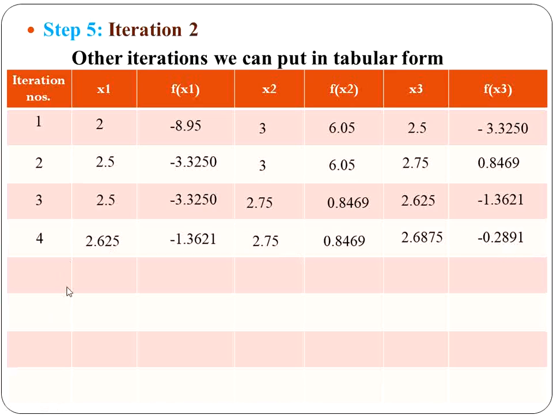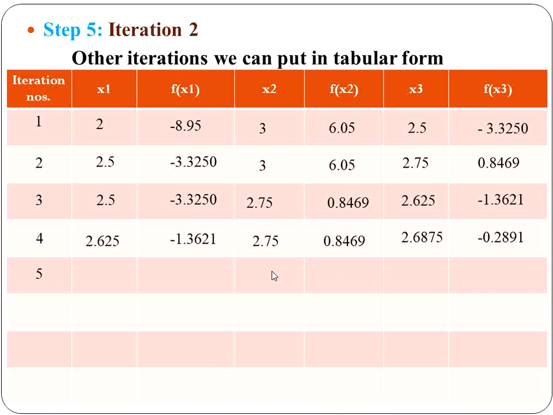For the fifth iteration, again you have to check what is the new value of x1 and what is the new value of x2. So the function of x3 is negative, the function of x1 is also negative. So instead of 2.625, for the fifth iteration the new value of x1 is 2.6875.